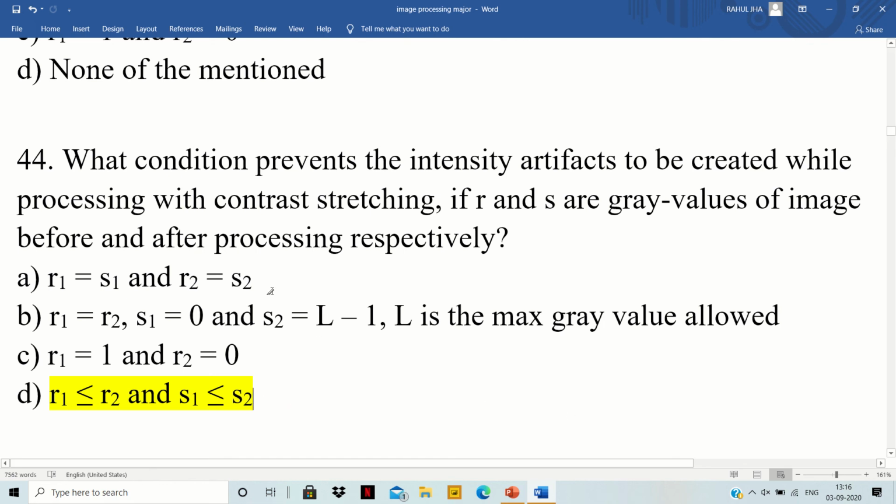Because in the first option there is a direct relationship between two different gray values, R1 is directly proportional to S1 and R2 is directly proportional to S2. But if R1 is less than or equal to R2 and S1 is less than or equal to S2, then this will create a condition that no intensity artifacts will be created.